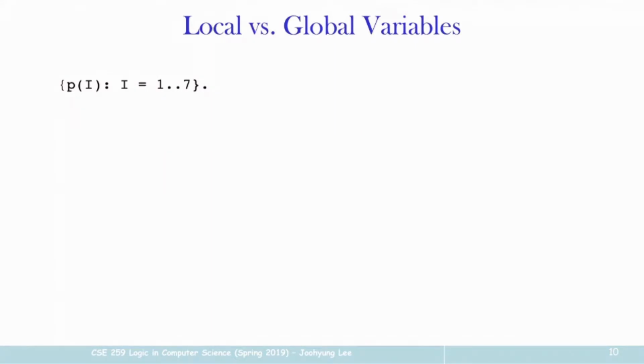Now, with that, we can do a bit more interesting programming using the concept of choice, local and global variables. In Clingo, you can write this rule P of I colon I equals 1..7. Clingo rules are very intuitive, so what do you expect?